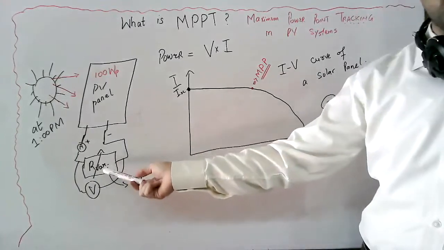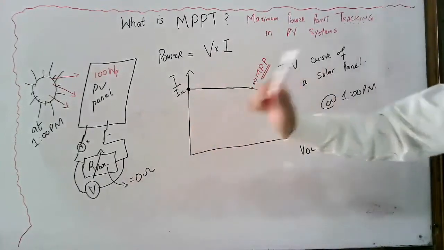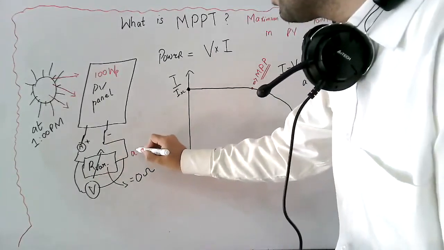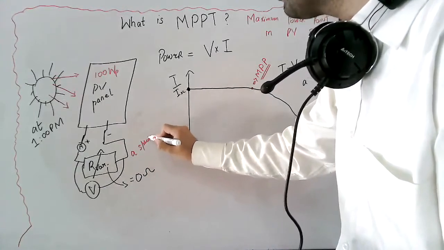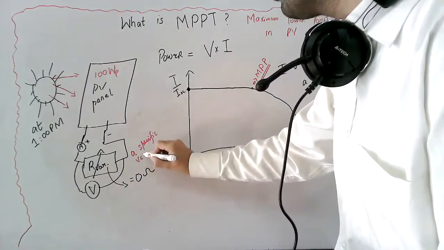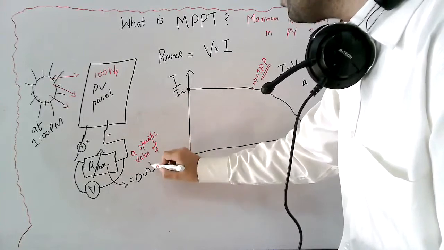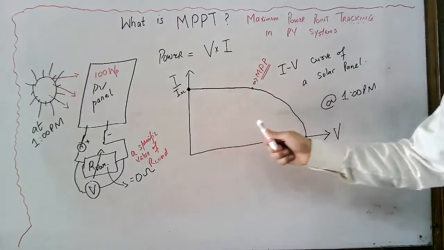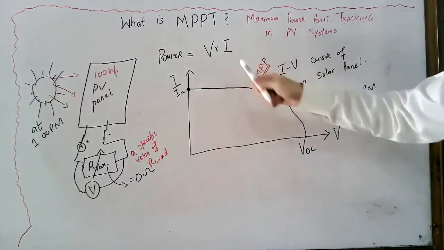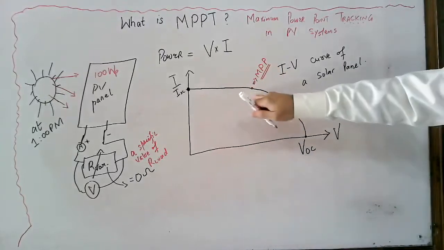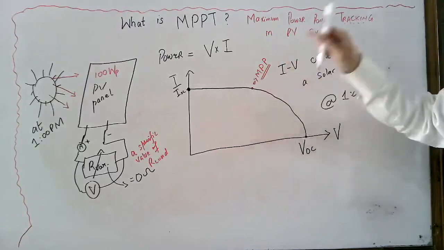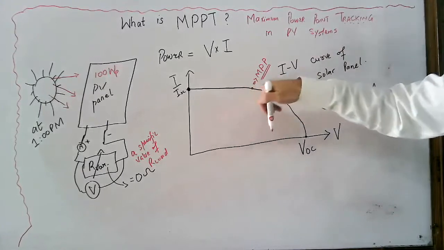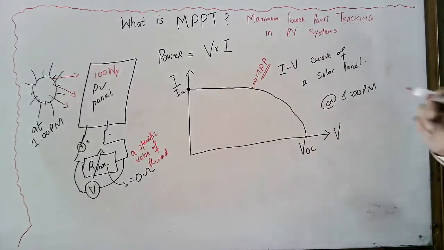If you keep on increasing resistance, there comes a specific value of our load at which the product VI is maximum. That point is known as the maximum power point. And what we have to do is track this point.